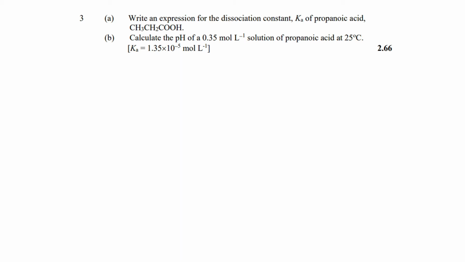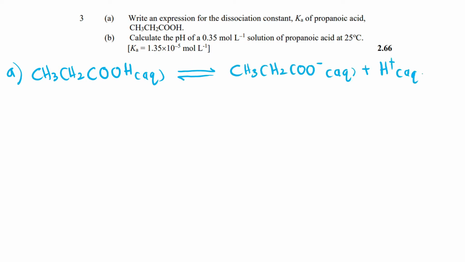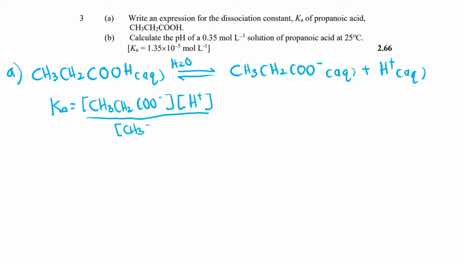Propanoic acid is a weak acid, so the dissociation is not 100%. So we write propanoic acid, CH3CH2COOH. If you put H2O here, it will become H3O plus. So to write the Ka expression, Ka is equal to the products over the reactant. This is the expression for 3a.